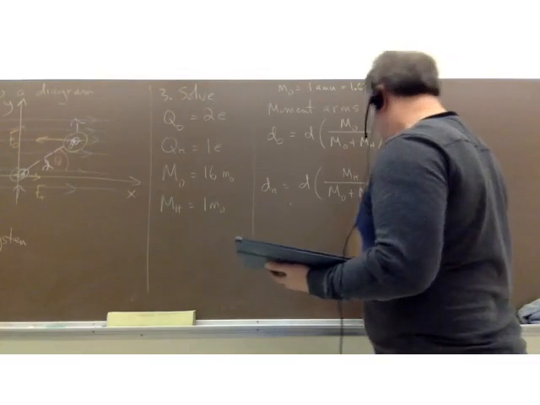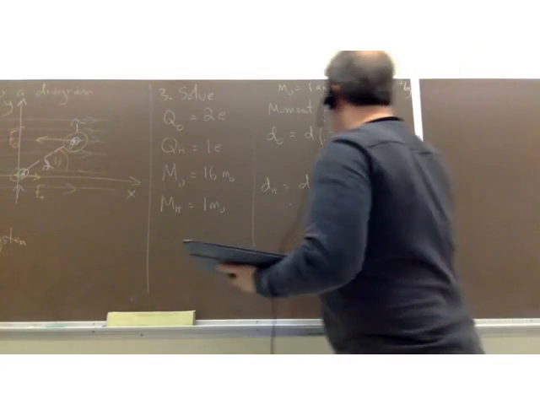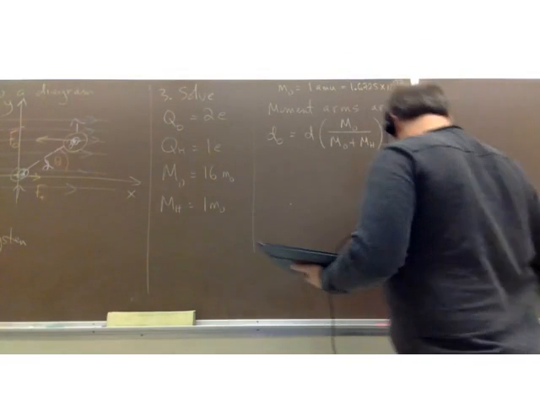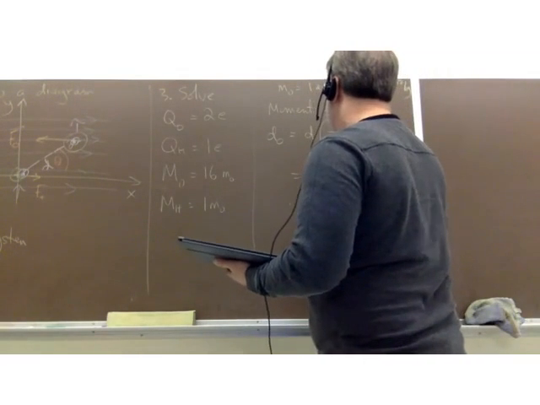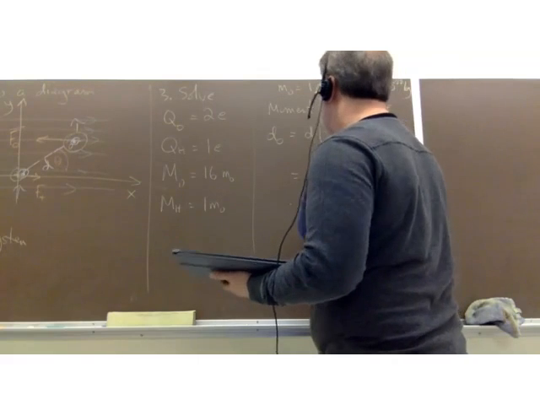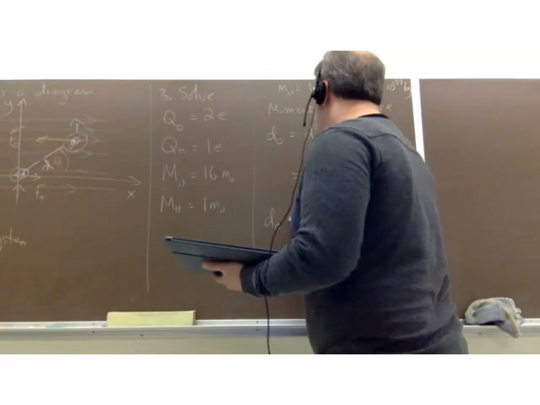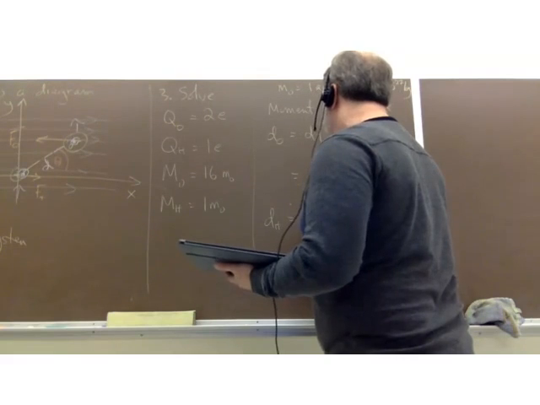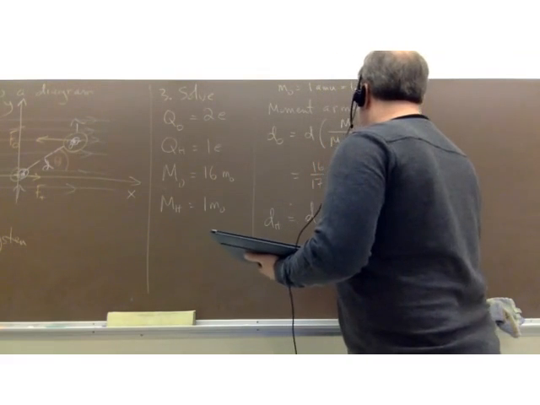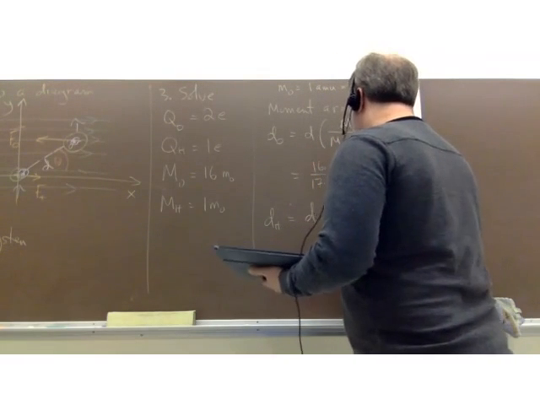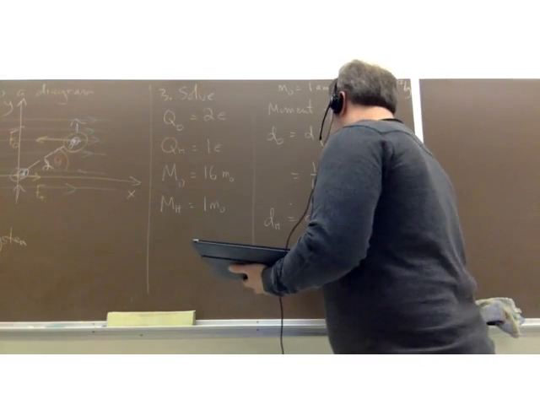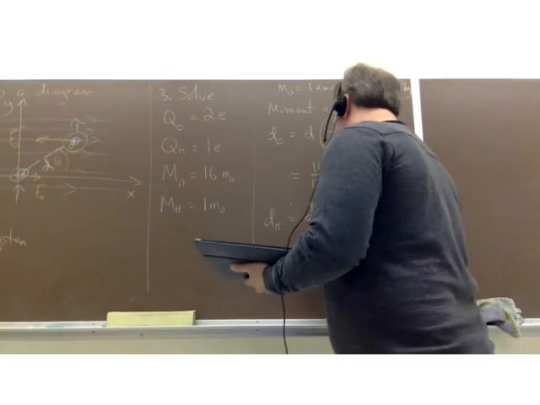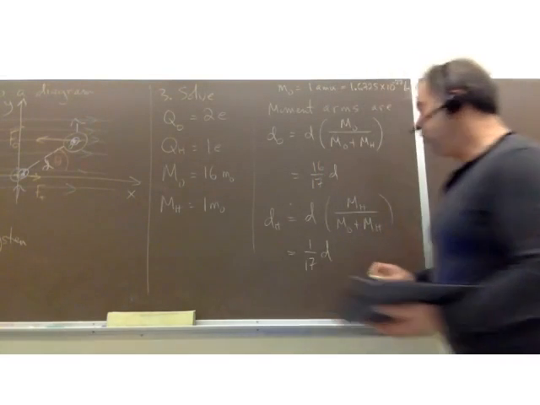So this is 16 over 17 D, and then D sub H is, I'll rewrite that, M sub H over M sub O plus M sub H, so that's equal to 1 over 17 D.